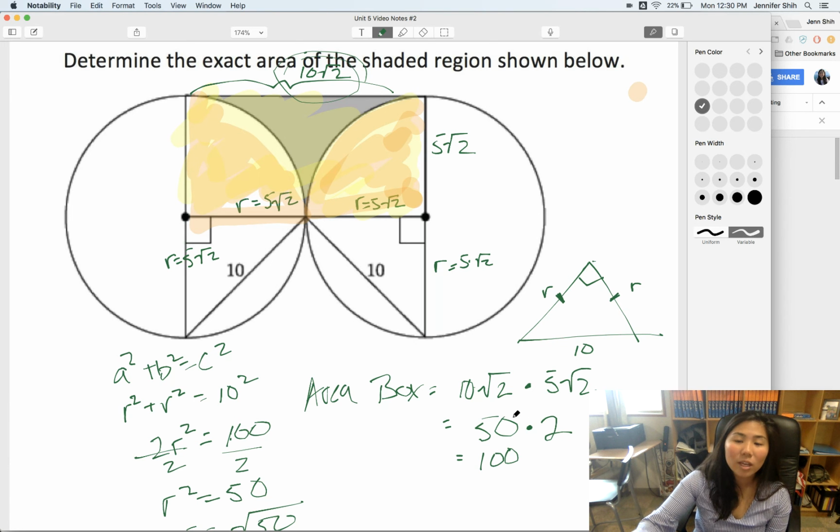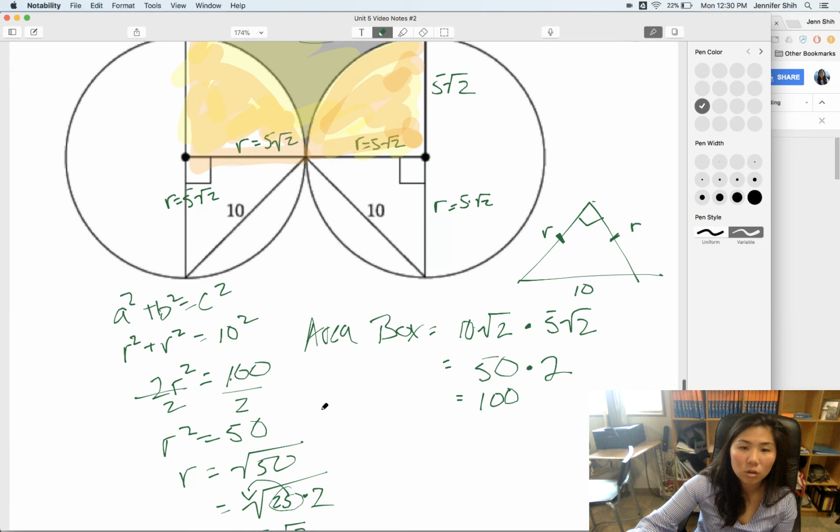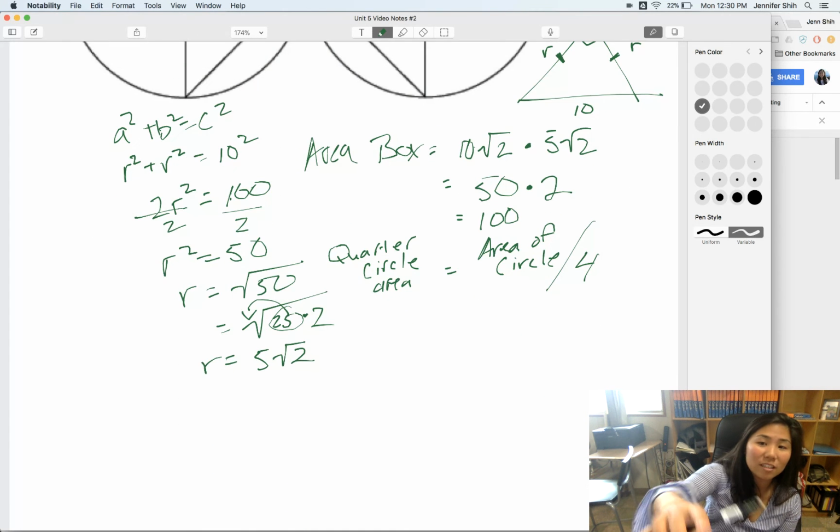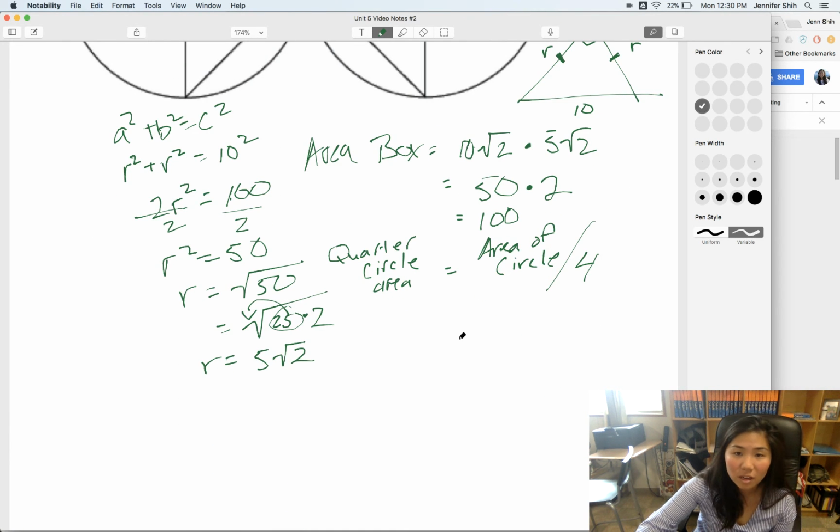Okay, now we have to subtract away the quarter circles. What some of you know and some of you don't know is that the area of a circle has a formula. Some of you have not done this. So if you know somebody that has never done area of a circle, can you help them out, please? Okay.